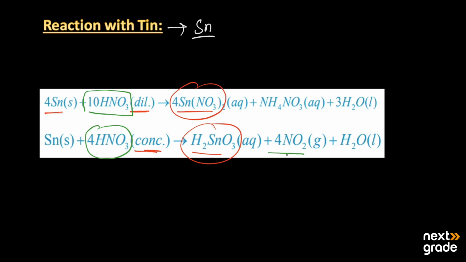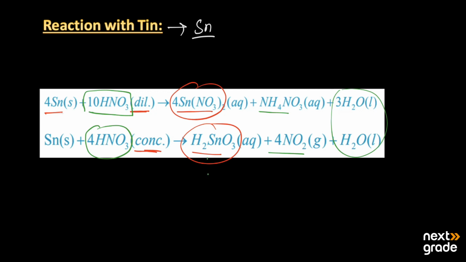Along with it, it produces nitrogen dioxide in the concentrated form, and in the dilute form it produces ammonium nitrate, and water molecules are produced in both processes. So this was a simple reaction of tin, which is Sn. In the first process it produces stannous nitrate, and in the second it produces stannic oxide with hydrogen.